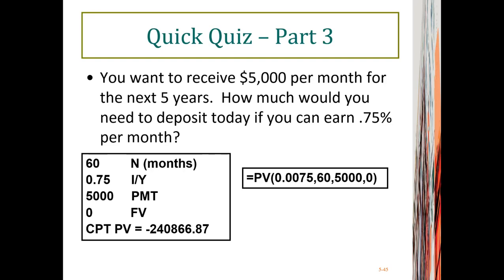Then you compute PV, and the answer is negative 248,668.87. So essentially, you need to deposit nearly $250,000 in order to receive $5,000 per month for the next 5 years.